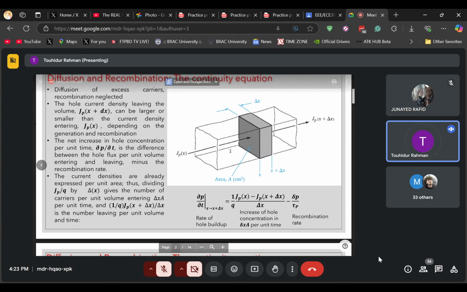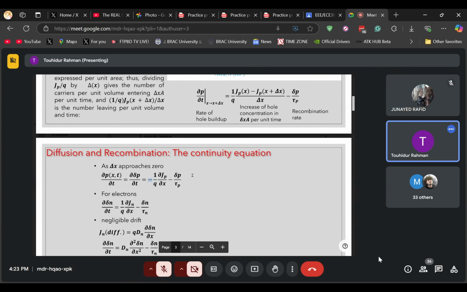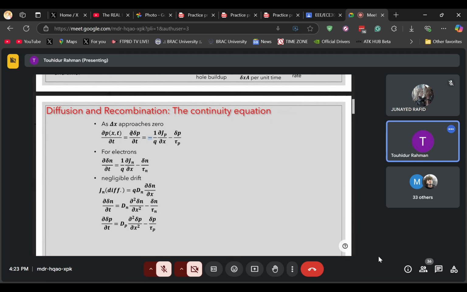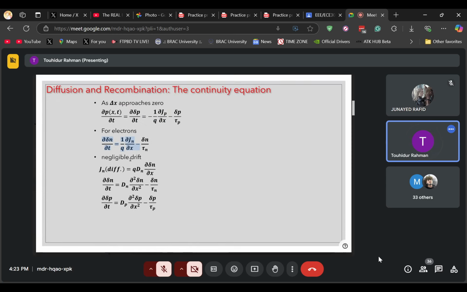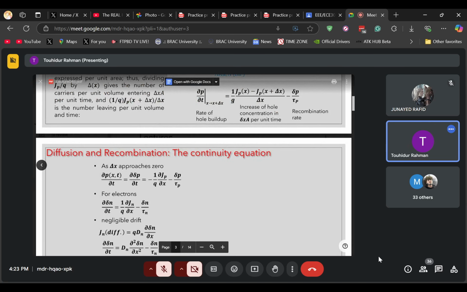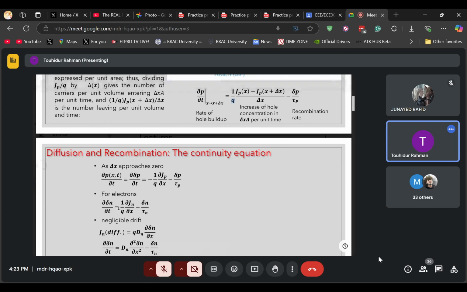If it is not true, that result will become negative anyway. I hope that makes sense. So this is our final form of equation. This is for the holes and this is for electrons, same form of equation. By the way, for electrons we have to divide by negative q, so minus and minus will become plus. See, all the sign conventions are maintained.